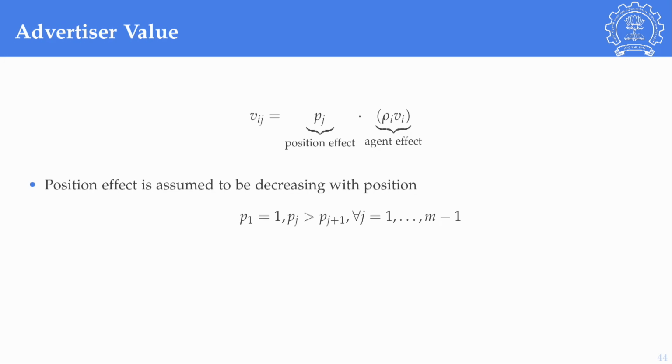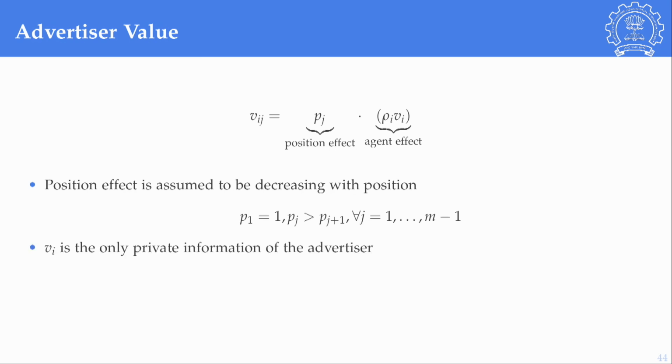So, the topmost position is normalized to 1 and everything down below. All these things are non-negative numbers, but Pj is larger than Pj plus 1. So, as you go down, there are m slots, the Pj's keep on decreasing with the top one being 1. If you are on the top one, at least this position effect is 1.